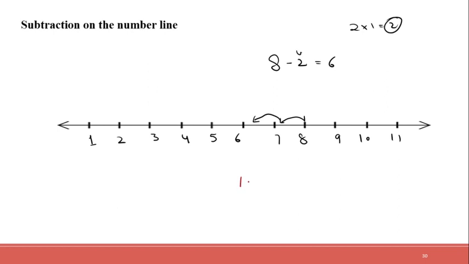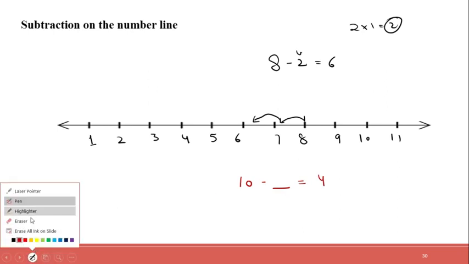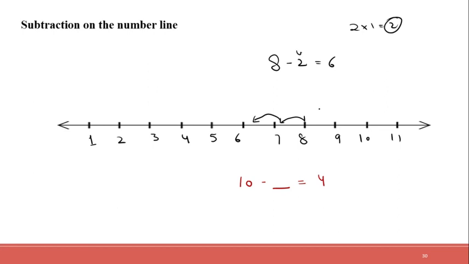Now tell me, 10 minus blank is equal to 4. Just tell me how many units we have to jump on the number line to reach 4 from 10.